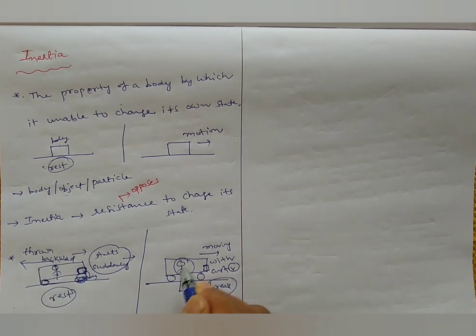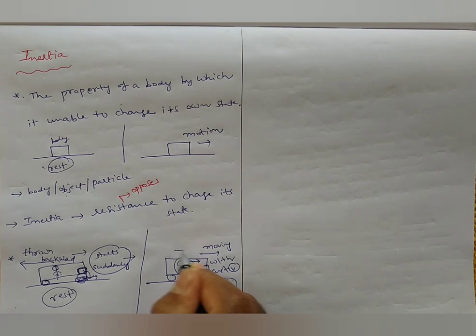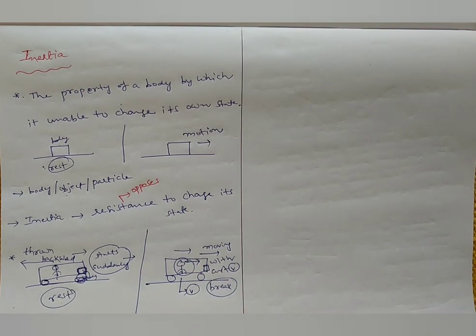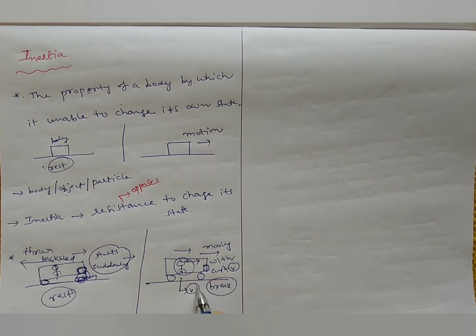Suddenly this passenger moves in the forward direction. When the driver applies the brakes on the bus, this passenger, because he is already in motion, moves forward because of that jerk.